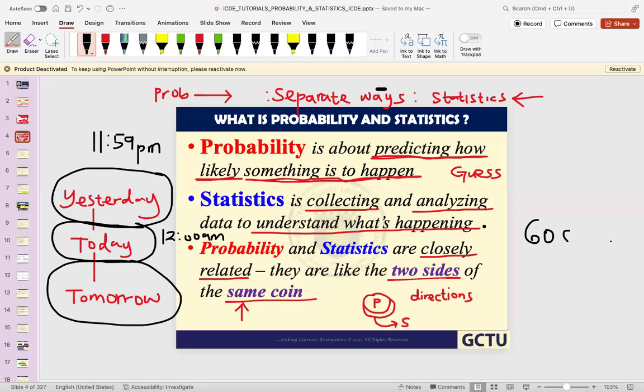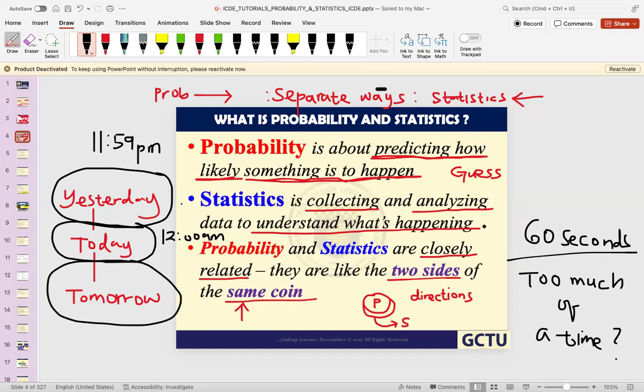It's just 60 seconds. Is 60 seconds too much of a time? No. Therefore, we can say that 11:59 p.m. and 12 a.m. are closely related.